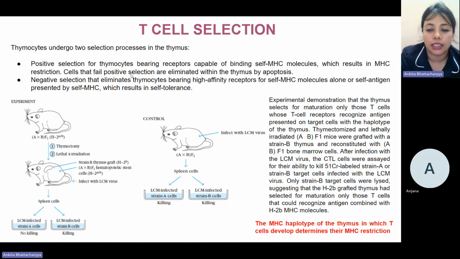After infection with the LCM virus, the CTL cells are assayed for their ability to kill a particular strain, depending upon what they have been initially exposed to. I'm not going over this in detail, but I want you to understand the takeaway: it is the surrounding environment within which the T cell undergoes maturation that determines its MHC restriction, and not the origin of the thymus from which it is coming.